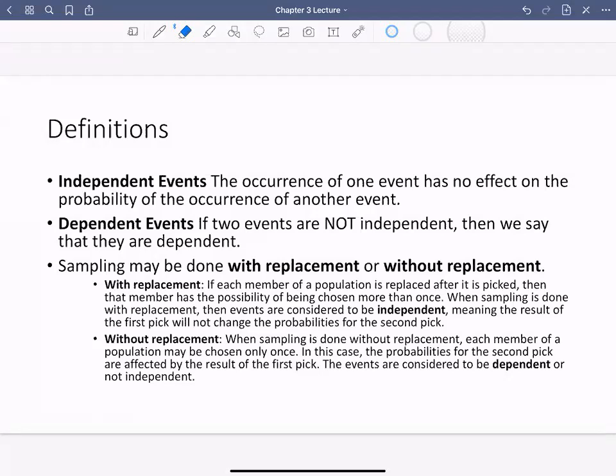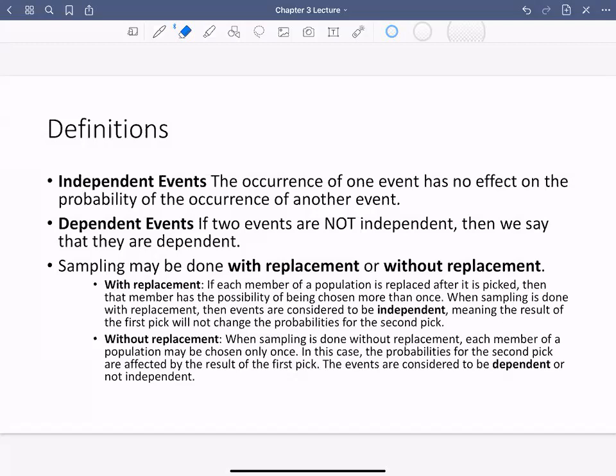If I use replacement, I put the blue card back, so I still have red, yellow, and blue in the hat. What's the chance of pulling out a yellow? There are 3 in there, so 1 over 3. Put the yellow back in. What's the probability of drawing a blue? 1 out of 3, every time. They are independent of each other. The first pick does not change the probabilities of the next pick.